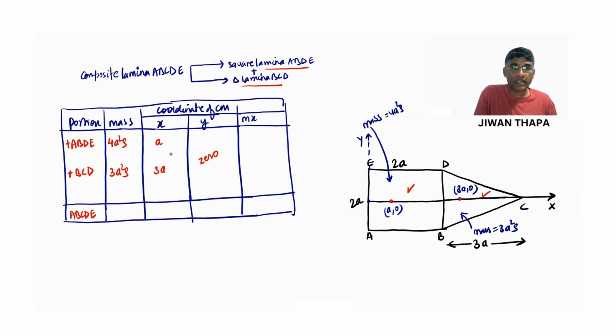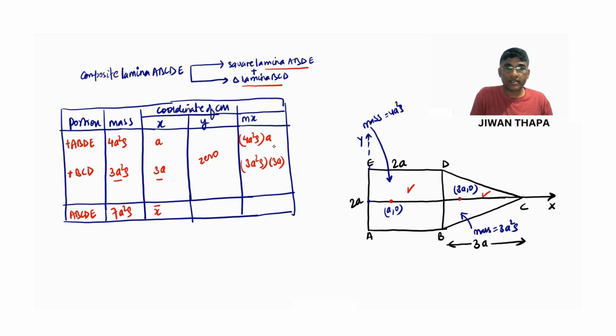Now when we multiply mass with x, we have 4a square rho times a, and 3a square rho times 3a. We are not finding the y coordinate of center of mass because it is 0. When we add, it gives me the total mass 7a square rho. So the x coordinate of center of mass is x bar, and we know y bar is 0, so I'm not writing it over here.